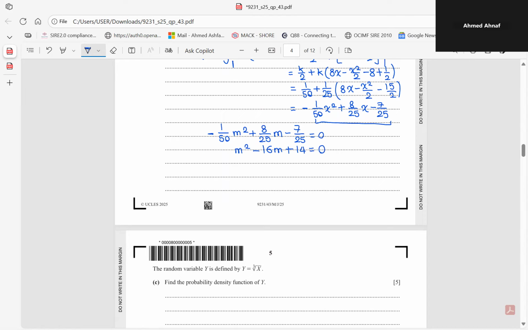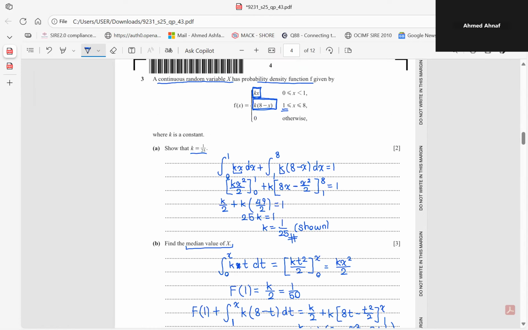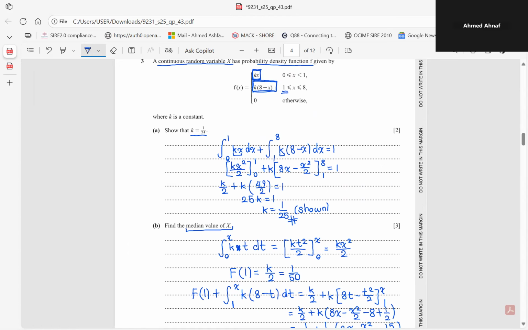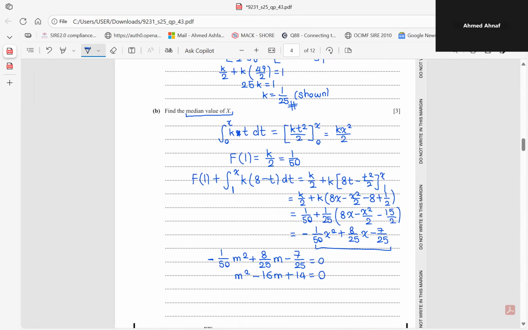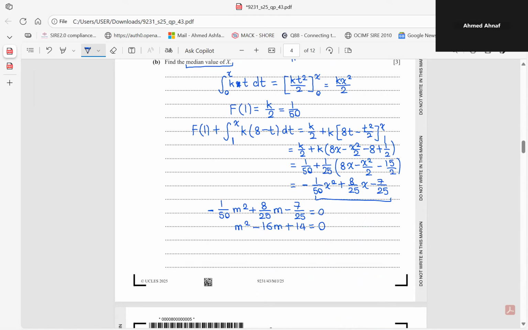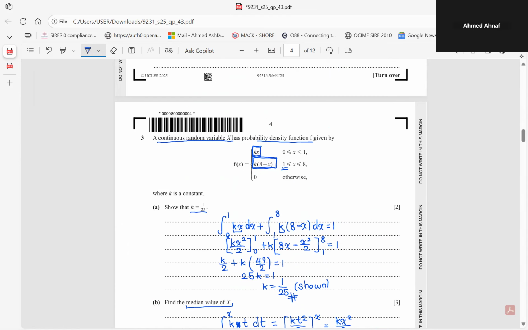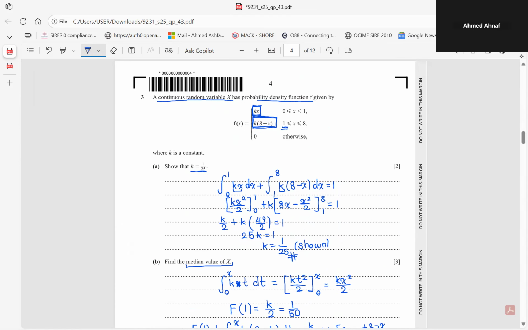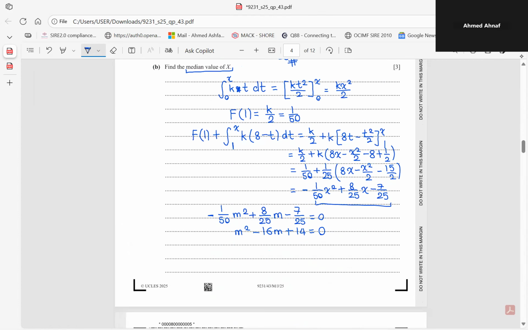Let's set it to 0. I think I can factorize this. Okay, never mind.